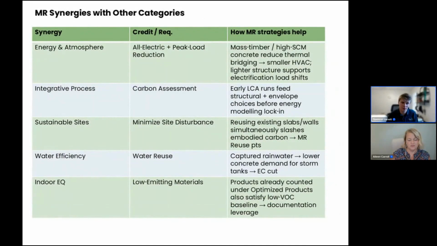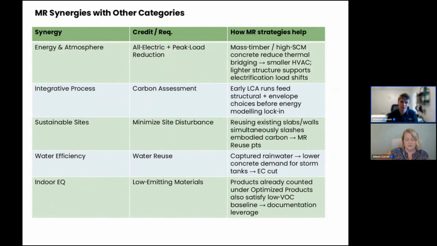Okay, so there are some synergies in the MR category with other categories. The first one is with the energy and atmosphere category and the all electric and peak load reduction credit that is there.